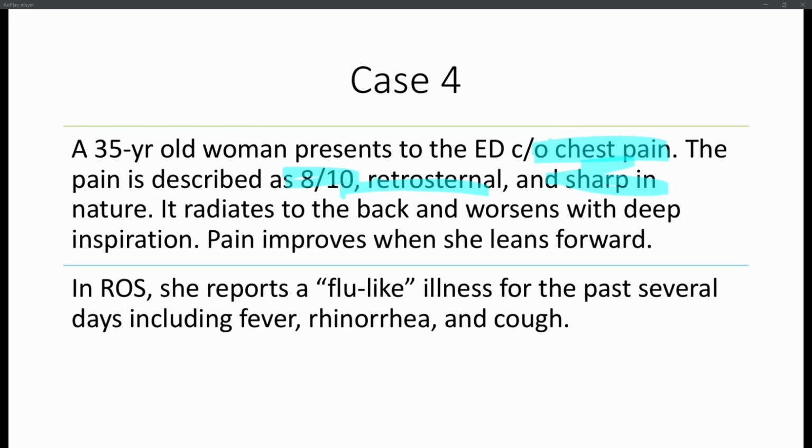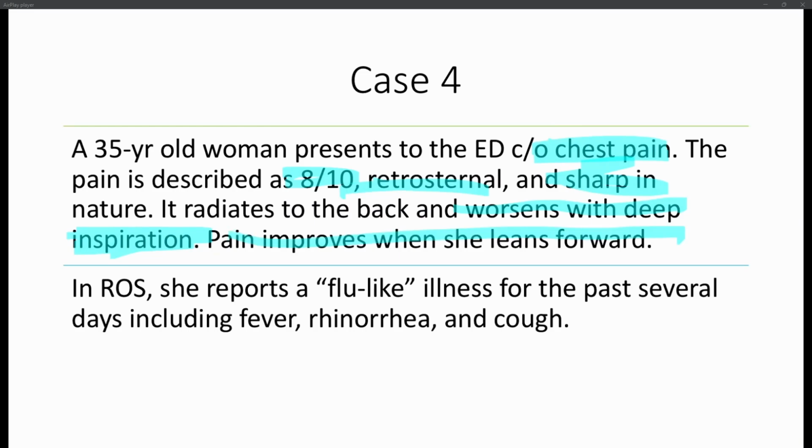That is where cardiac, true heart attack pain is going to be. The pain radiates to the back and worsens with deep inspiration. Does cardiac pain, true chest pain, have any change in intensity with breathing? Nope. Okay? And pain improves when she leans forward.